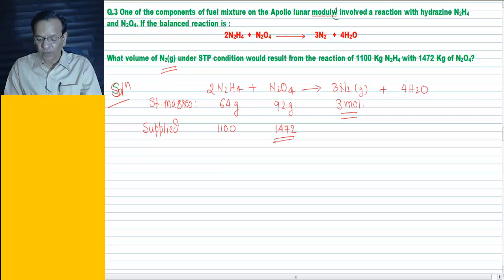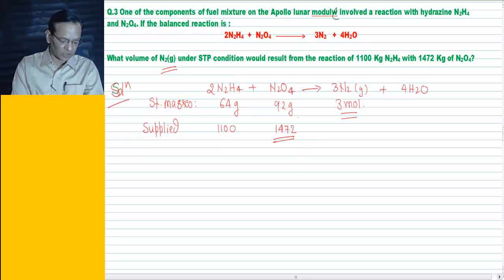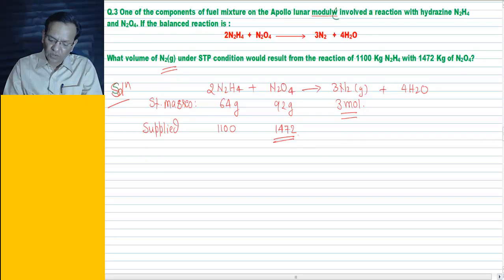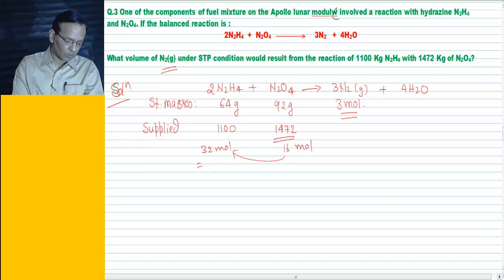I think this 1472 is divisible by 92. 1472 divided by 92, yeah, it is. So 16 mole. Since 1 mole requires 2 moles, so 16 mole will require 32 mole. And the corresponding mass will be 32 into 32.